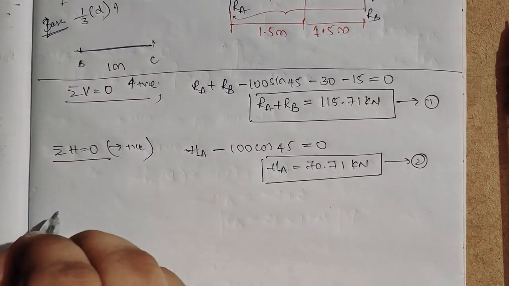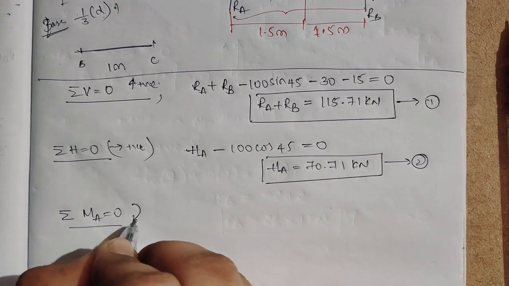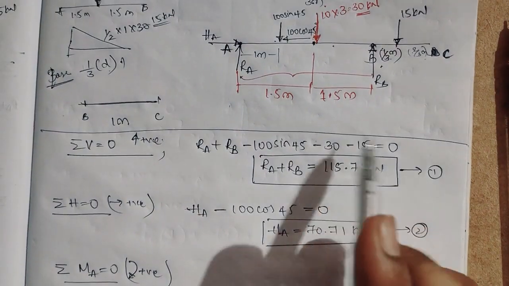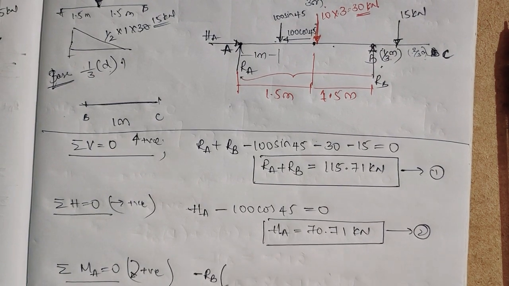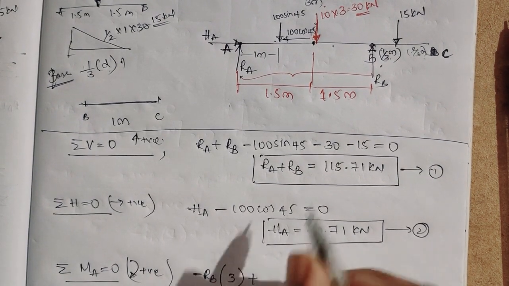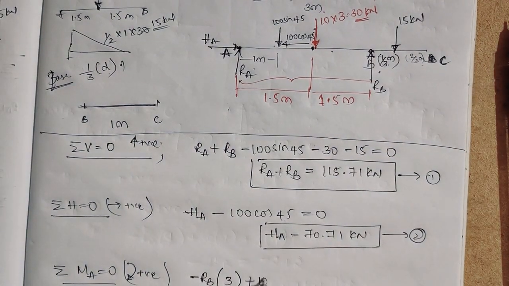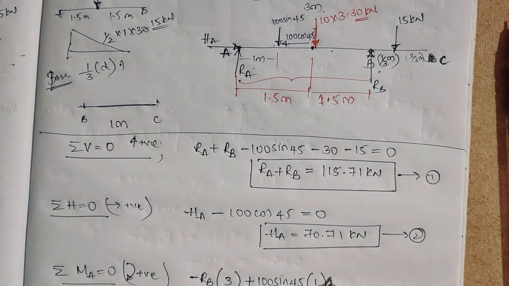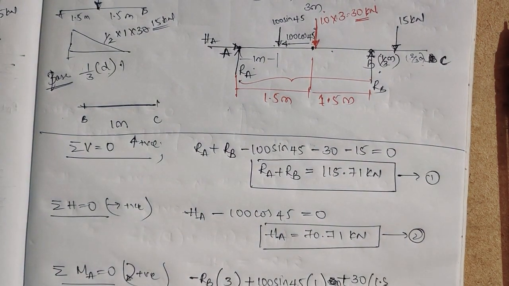Then moment about A is equal to 0, taking clockwise as positive. So take RB into 3 meter. So minus RB into 3 plus 100 sin 45 into 1, plus 30 into 1.5.